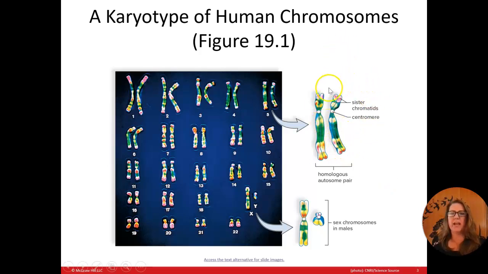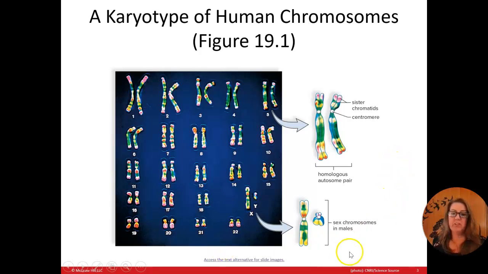Okay, so we have our chromosomes that code for our normal body features. These are called autosomes. So males and females have 22 pairs of autosomes. So that's coding for something other than your sexual characteristics.